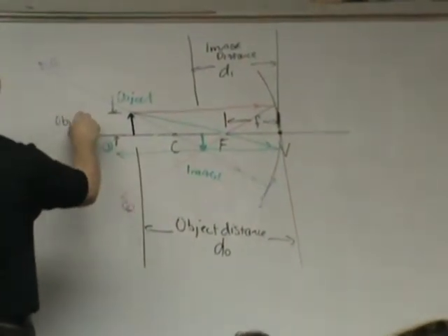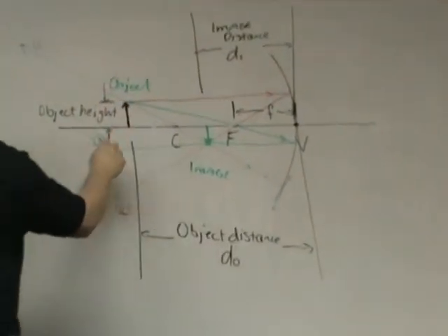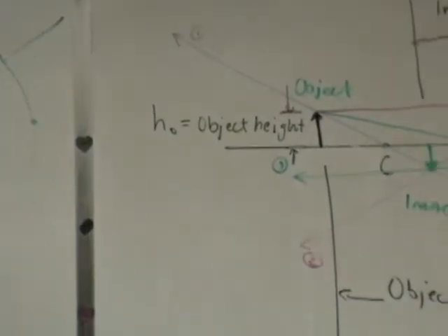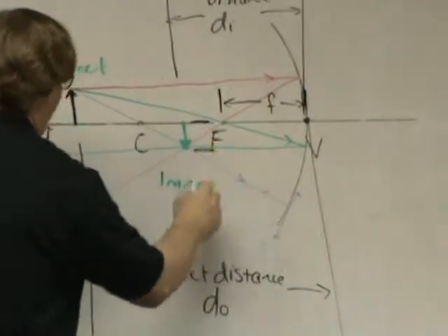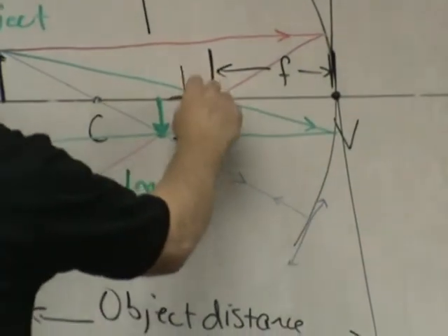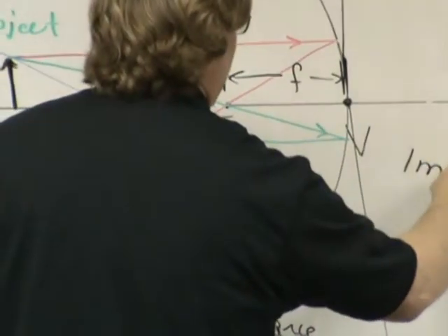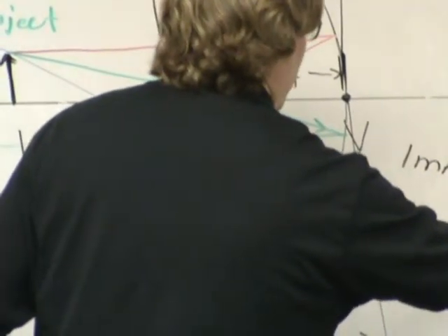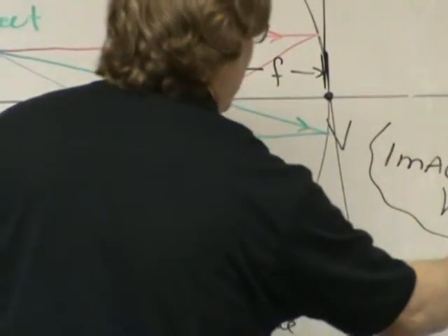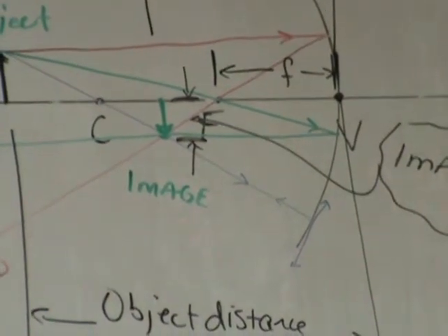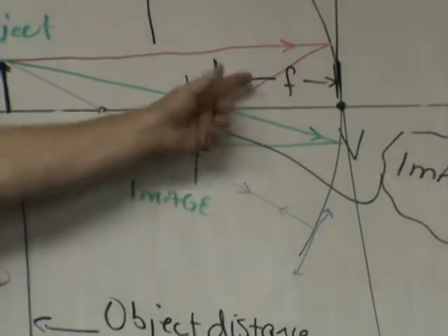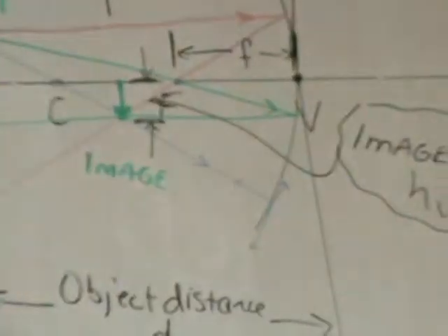It's called the object height, or h sub O. And the height from the principal axis to the top, or in this case bottom, of the image gets a special name, and that's called the image height, or h sub I. So essentially the only distances we're going to be caring about are focal length, image distance, object height, image height. Those are the things you're going to be measuring.